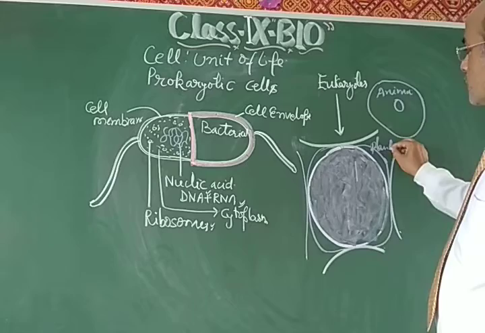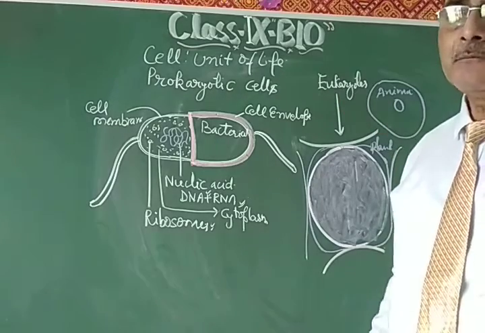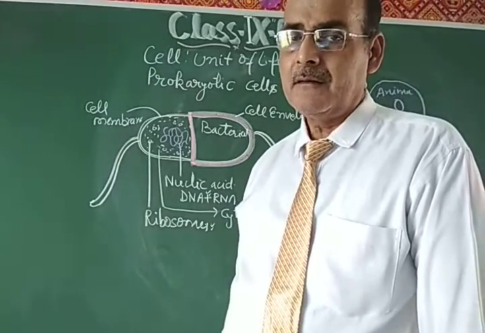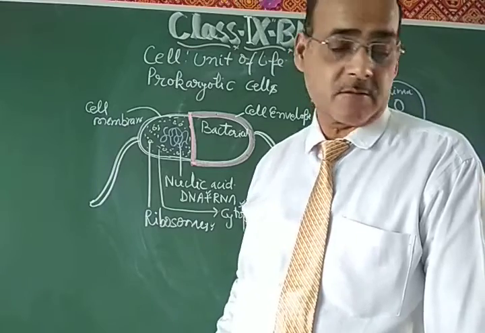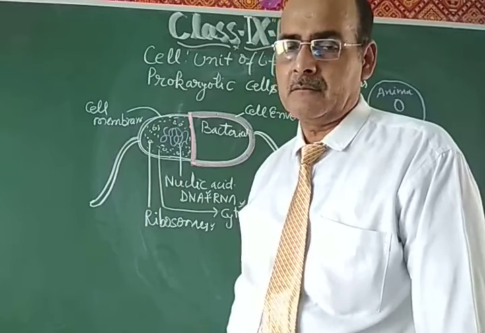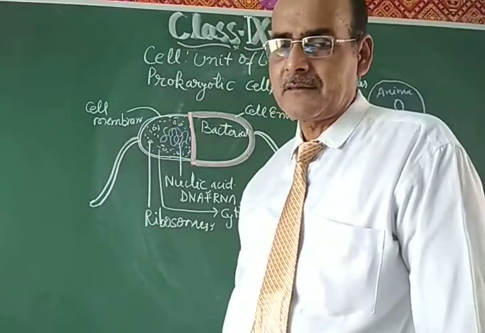So the eukaryotes are the cells which have different types of cell organelles inside, and they are able to perform the complete functions of the cell: respiration, reproduction, excretion, digestion, assimilation.